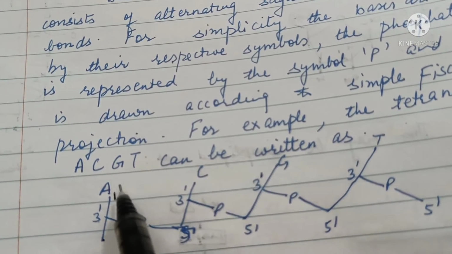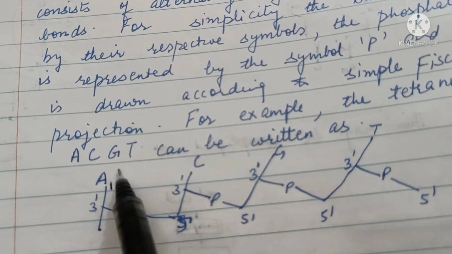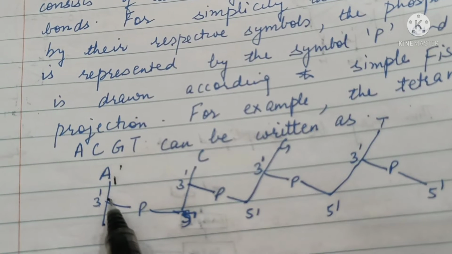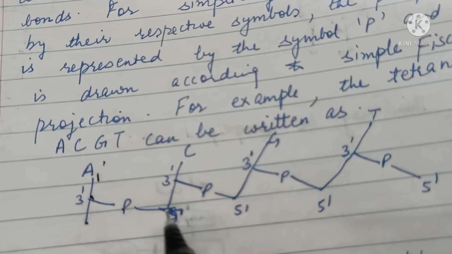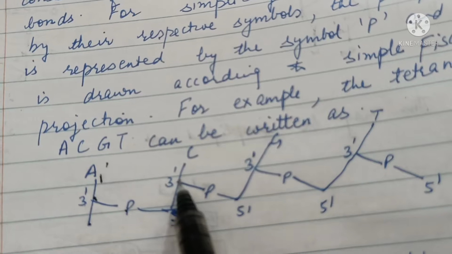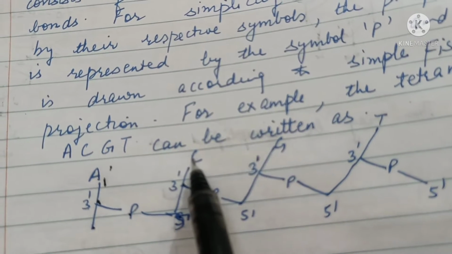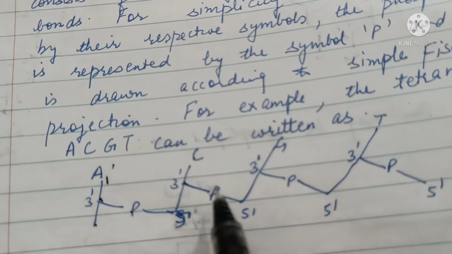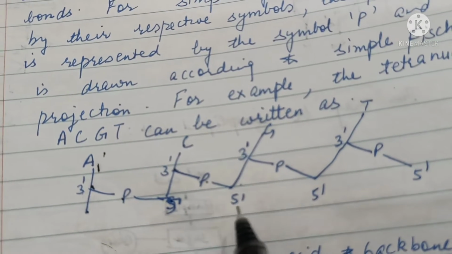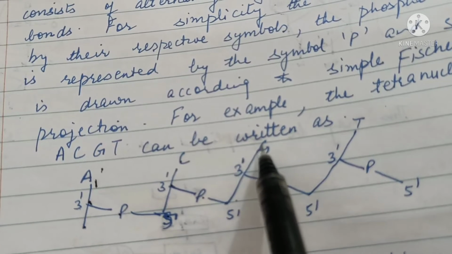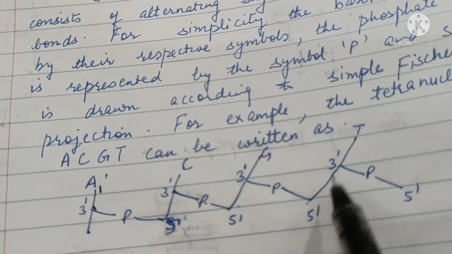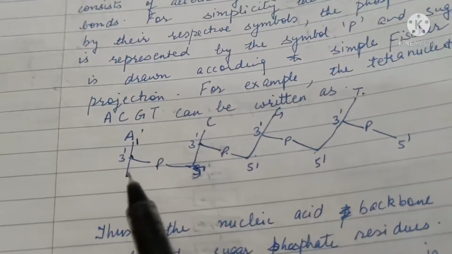So sugar, this is the nitrogenous base, then sugar, then phosphate, then the 5th of sugar, then the 3rd of sugar to phosphate, and the 1st of sugar to cytosine, a nitrogenous base. Similarly, the next nitrogenous base will be attached at the 1st carbon of the next sugar molecule, then phosphate, then the next sugar molecule, thymine is attached. So this is the backbone.